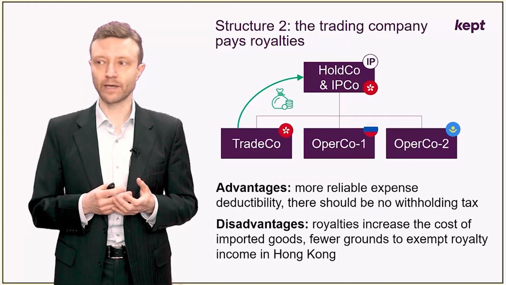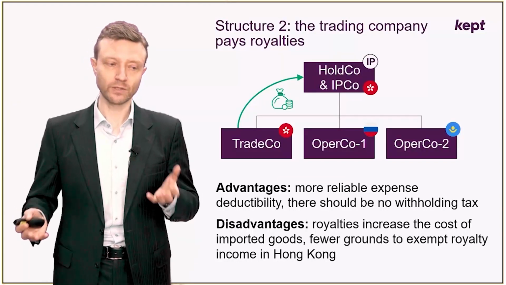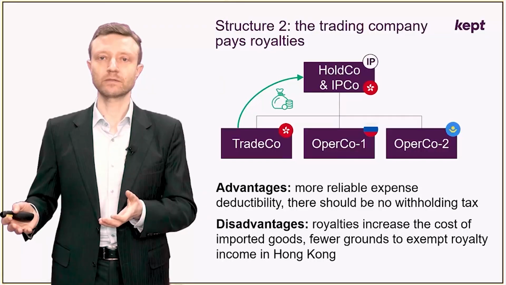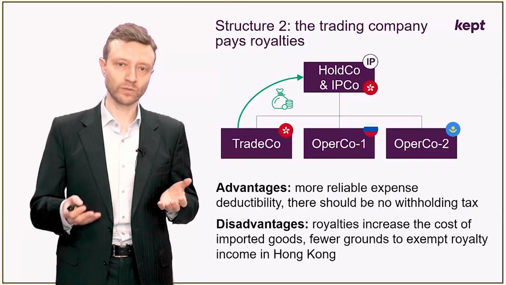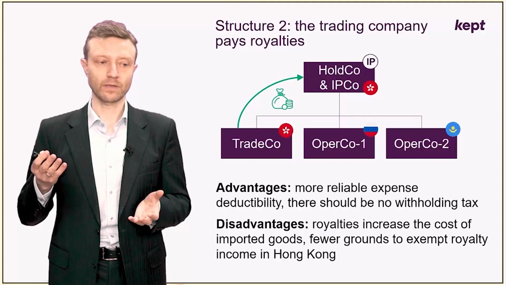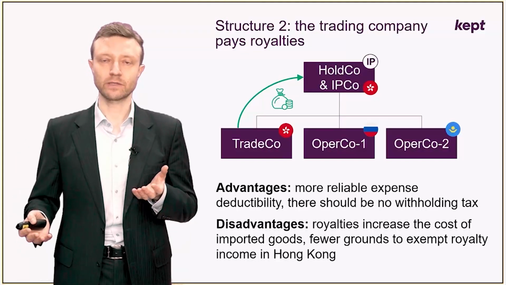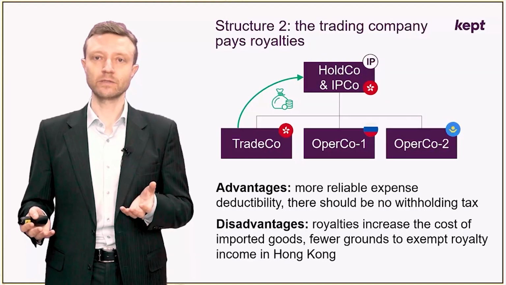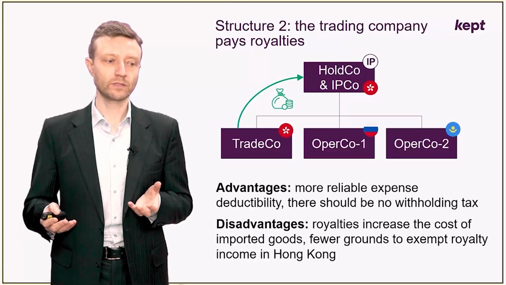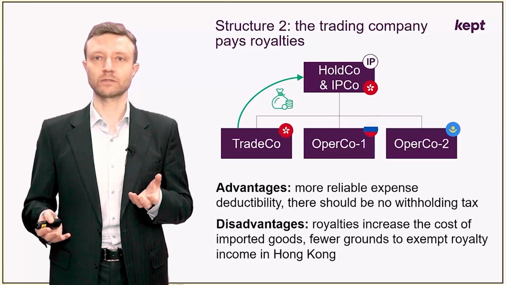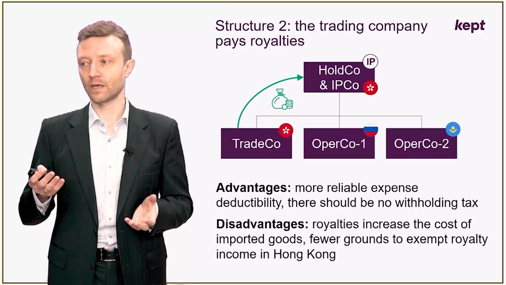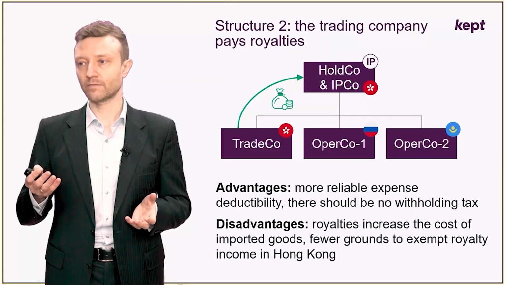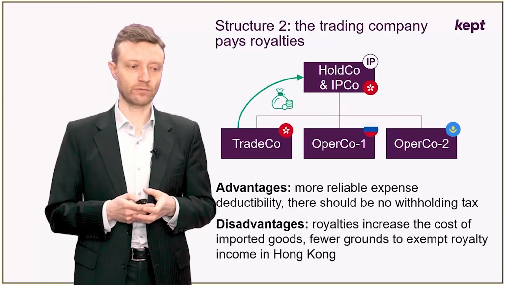It makes sense to compare financial models for two operating structures and see what is better. Either paying increased customs duties, or paying withholding tax on royalties and facing the non-deductibility risk for royalties.